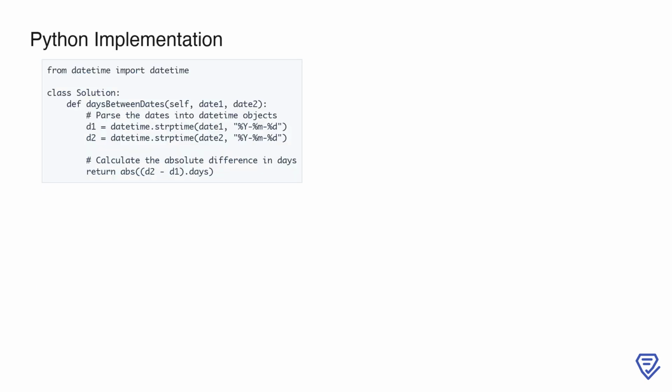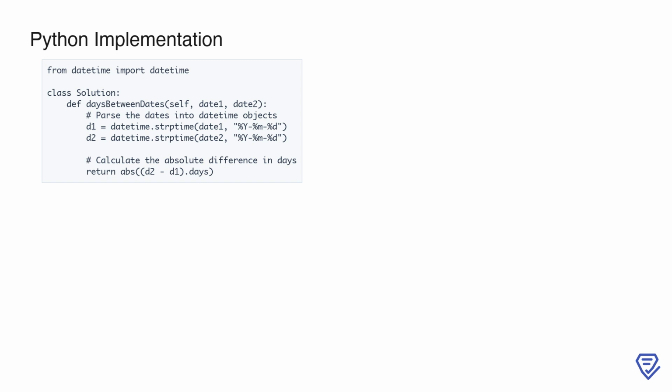This solution leverages Python's datetime module to handle date parsing and calculations efficiently. First, the datetime.strptime method is used to convert the string inputs date1 and date2 into datetime objects. This parsing step ensures that the input strings are correctly interpreted as dates in the format YYYY-MM-DD.